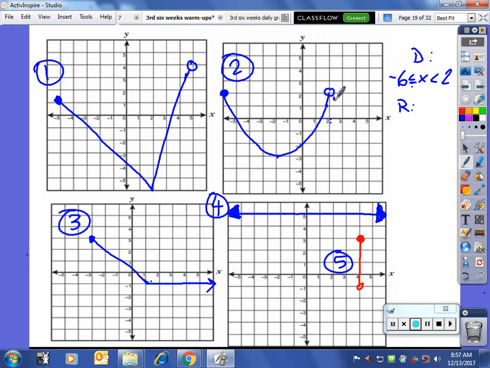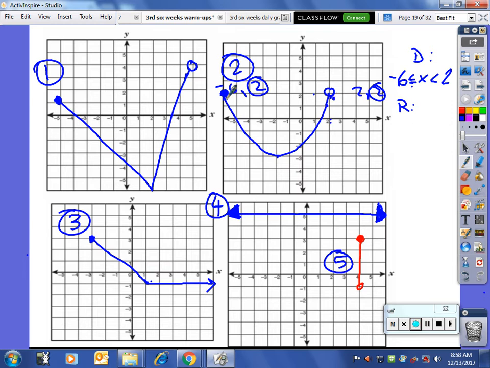Look at the top. This top number is colored in, but this one is not. And they're both at a y value of 2. This is at 2, 2, and this is at -6, 2. So the highest y value is a 2. If it's colored in anywhere, even though it's not colored in here, it is colored in here.